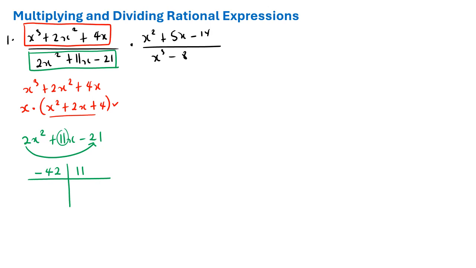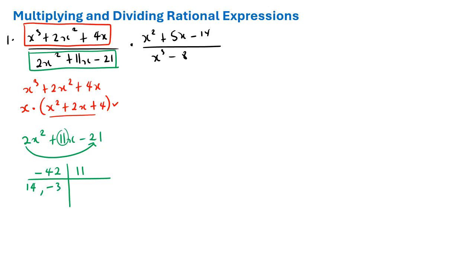Now I know that I have a lot of factors for 42, but I'm just going to go straight to the point. I know that 42 is 14 times 3. Since I have a negative result, I will do that as 14 and negative 3.